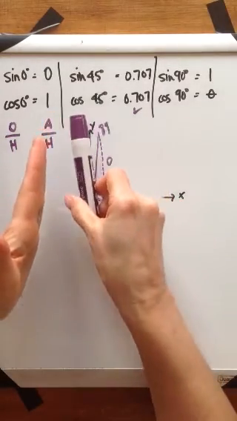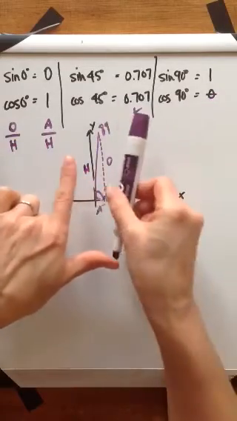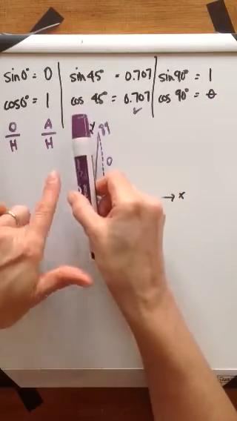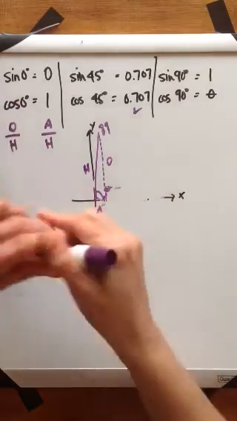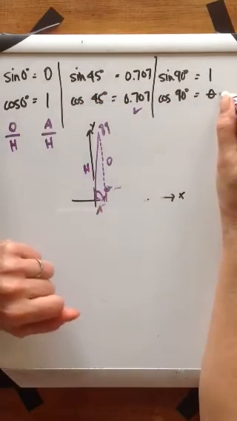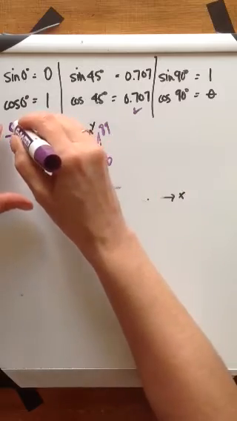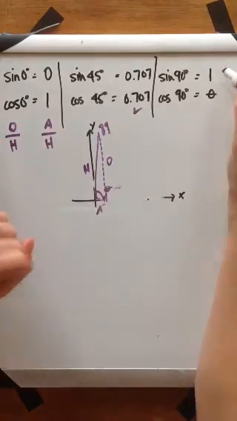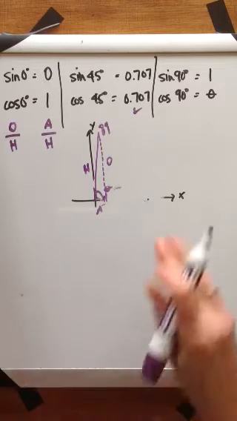Well, once this moves up to 90, now the opposite and the hypotenuse will be the same length because they're one on top of each other. And there is no adjacent, it's 0. So 0 divided by the hypotenuse will give us a value of 0. And the opposite and the hypotenuse both being the same length means a number divided by itself will be equal to 1. So it's just some really cool patterns that are in there.